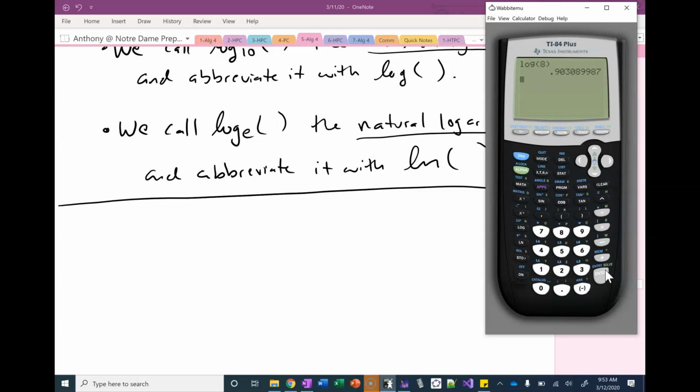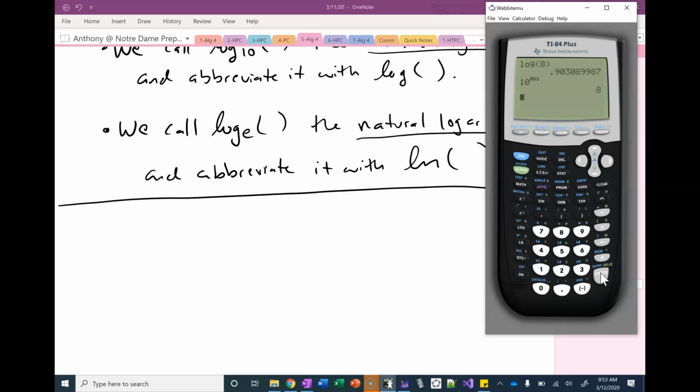What does this decimal represent? This is the power of 10 that gives us 8. So for example, if I do 10 to that power, the result should be 8, which is exactly what I get.